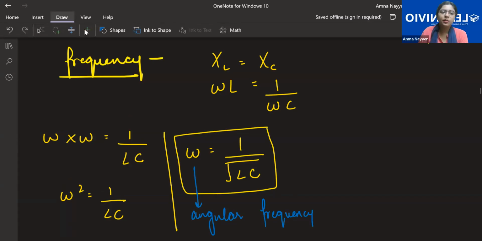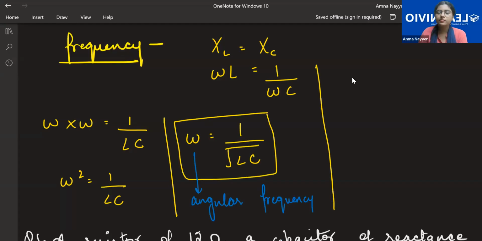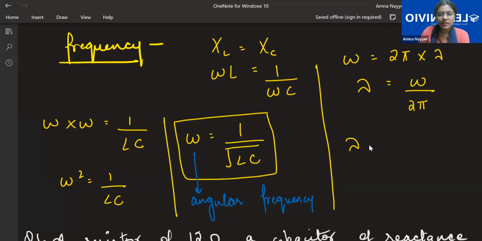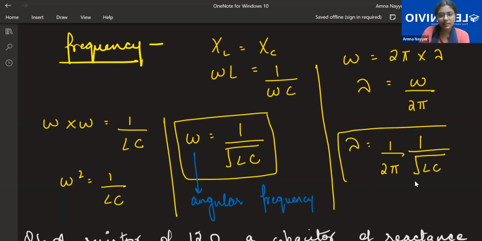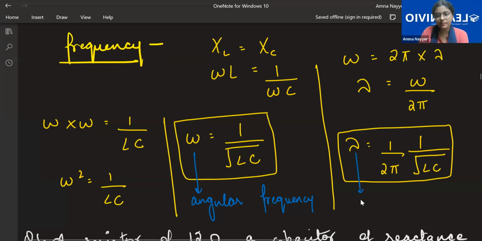Now, what's the relationship between angular frequency and linear frequency? Omega is equal to 2 pi into nu. So the linear frequency is equal to omega divided by 2 pi. So 1 by 2 pi multiplied by omega, and omega is 1 by under root LC. This is the linear frequency.